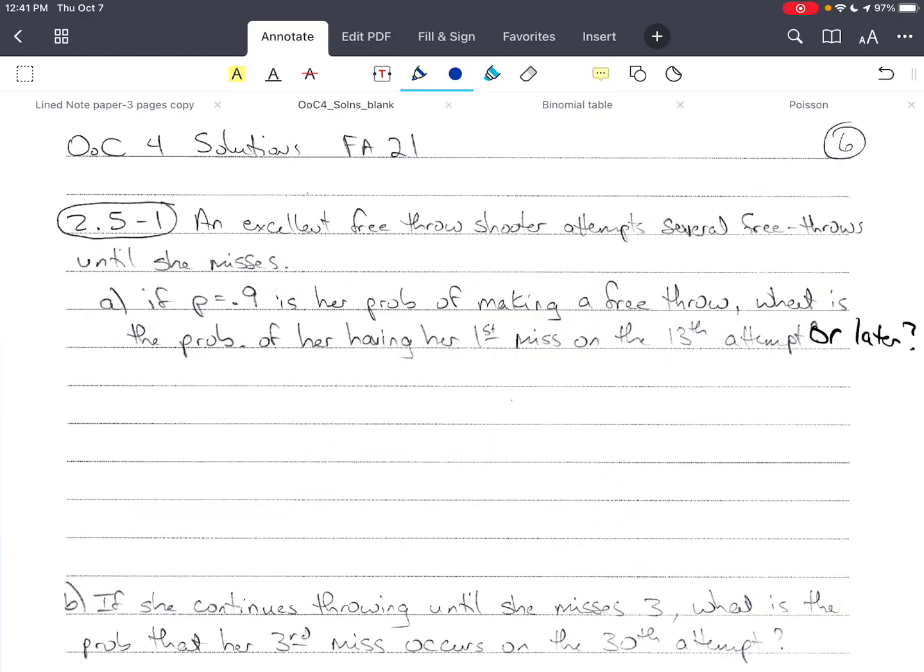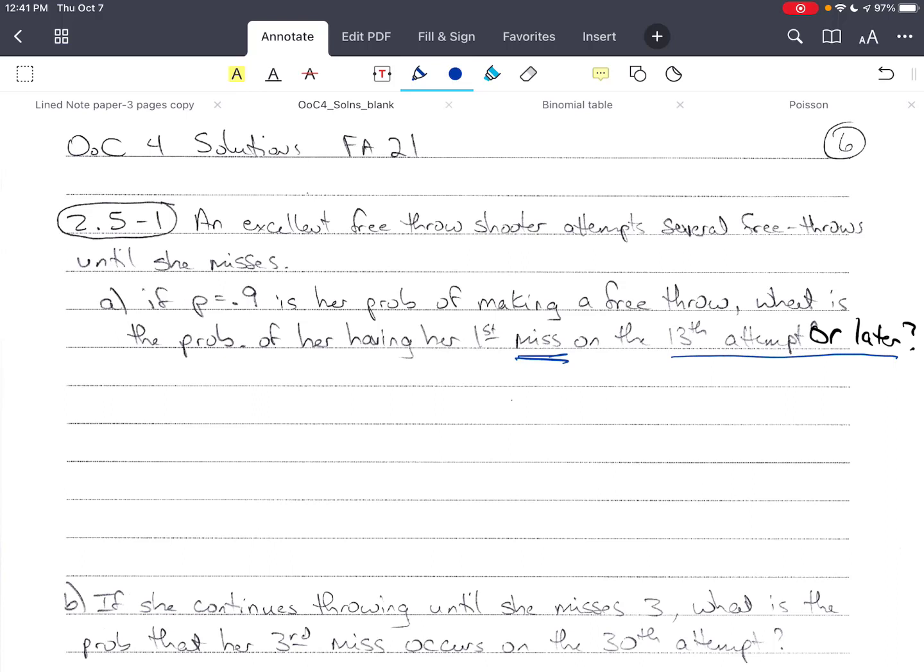Okay, problem 2.5-1. We have an excellent free throw shooter who's going to attempt several free throws until she misses. So if her probability of making a free throw is 0.9, what's the probability of her having her first miss on the 13th attempt or later?